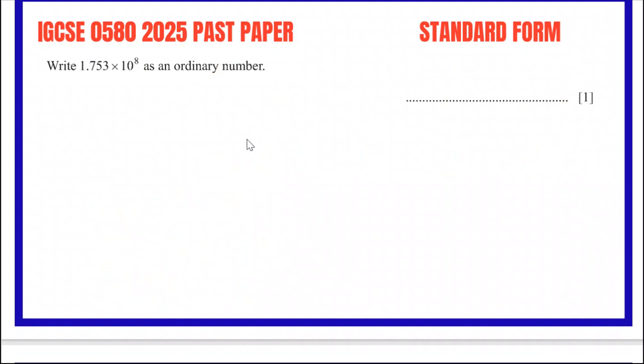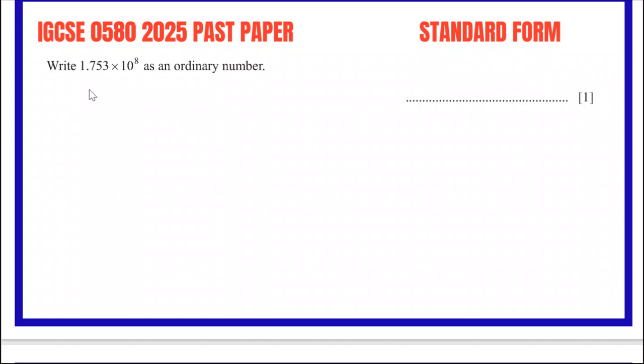Write 1.753 times 10 to the power of 8 as an ordinary number. That means you need to move the decimal point 8 places to the right because the exponent is positive. If you start with 1.753, we have to move the decimal point 8 places.